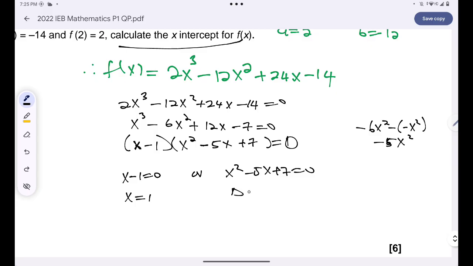Let me see. What will my delta be for ac? Negative 5 squared minus 4a c. That's 25 minus 28. Yeah, that's negative 3.